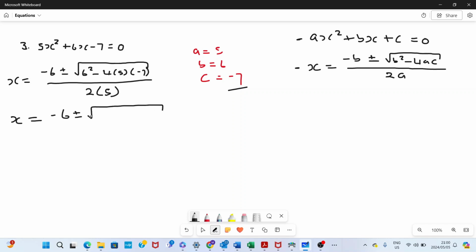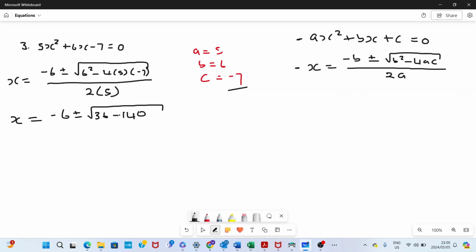Let's break this down step by step. This is going to give you 36. And then this one here, if you say 4 times 5 times 7, that will give you 20 times 7, which is going to give you 140.